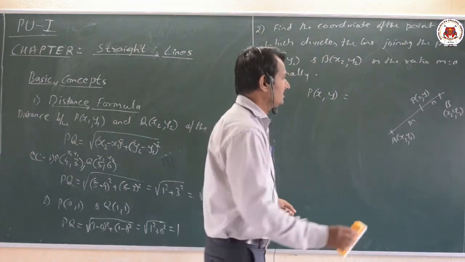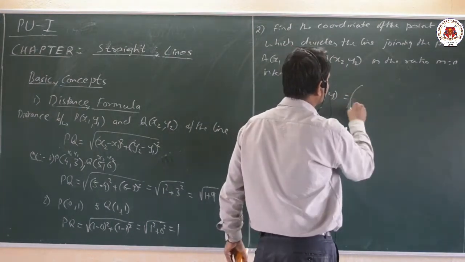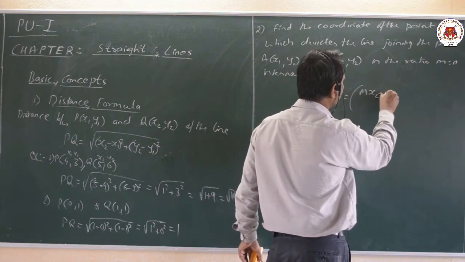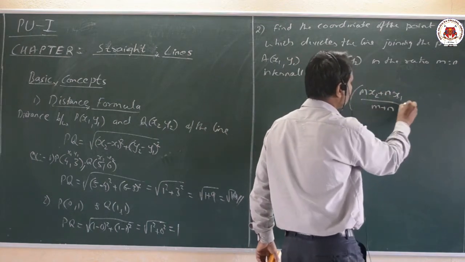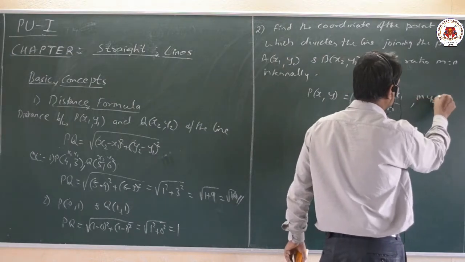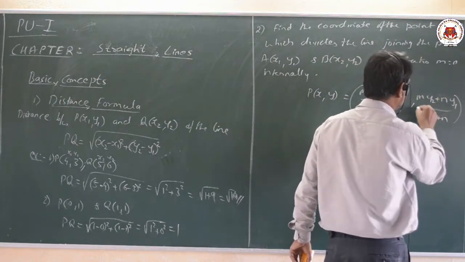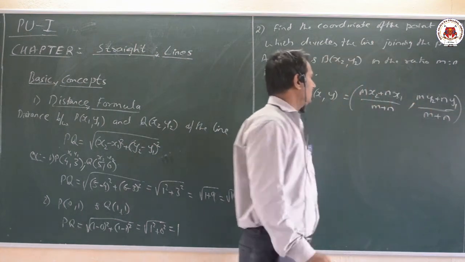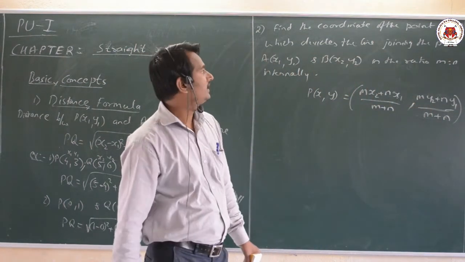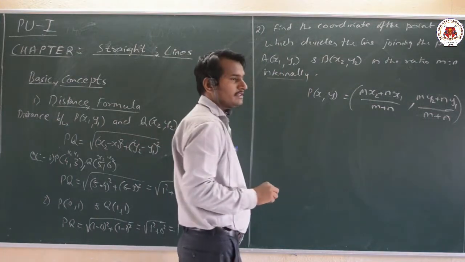Very simple thing. The formula is m x2 plus n x1, whole divided by m plus n, comma, m y2 plus n y1, whole divided by m plus n. That is the value for P of x comma y. This is one formula, our internal division formula.